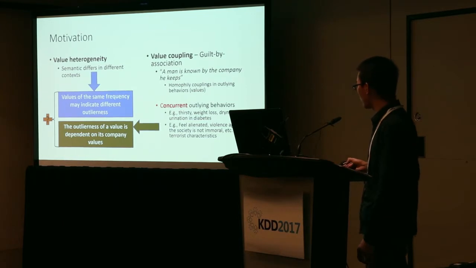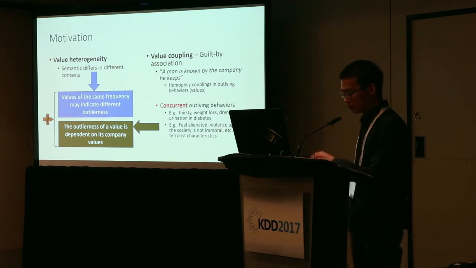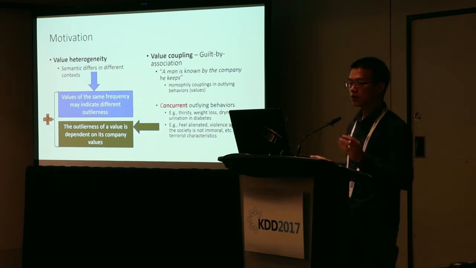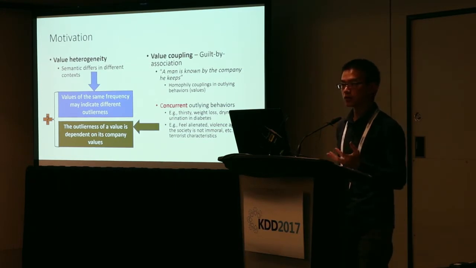So this is what we consider the concurrent outlying behaviors. Such concurrent behaviors have the result that one value's outlierness is dependent on the outlierness of its accompanied values.